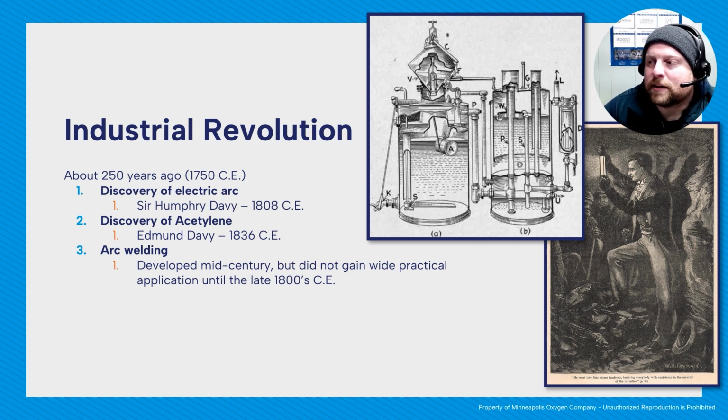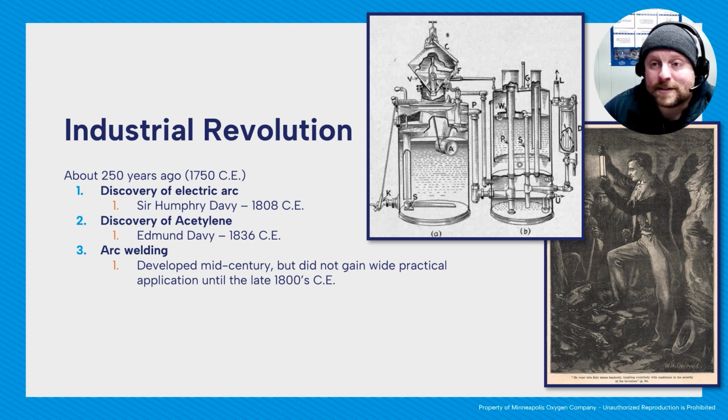He invented the Davy lamp, an early electric arc lamp. Other things that Humphry did: he was the first to isolate some elements using electricity. He was the first to isolate potassium, calcium, and sodium, and a bunch of others too, but those are some pretty major ones.